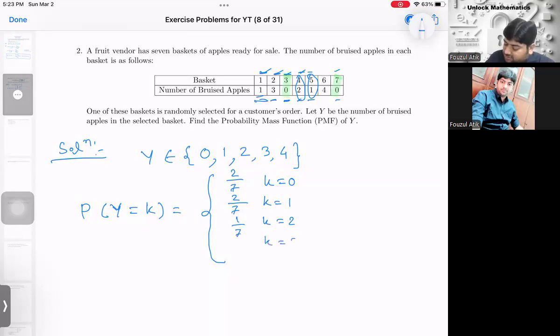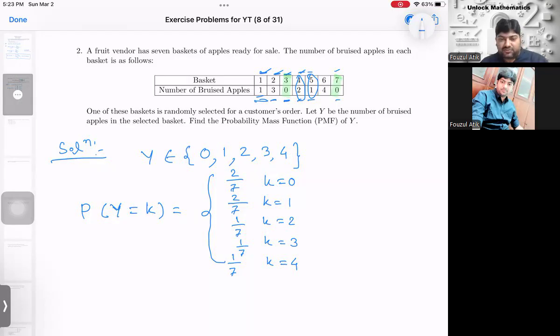Similarly, k equal to 3: again one such basket, which is again 1 by 7. And k equal to 4: one such basket, so again it is 1 by 7. So this would be the probability mass function. And for all other k, it is 0. I hope it is clear.